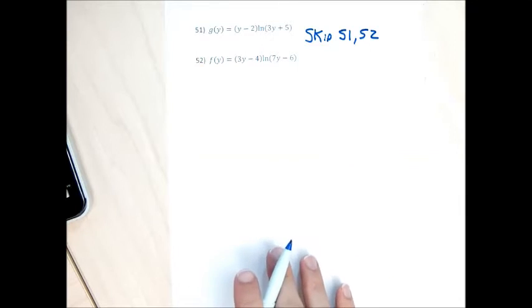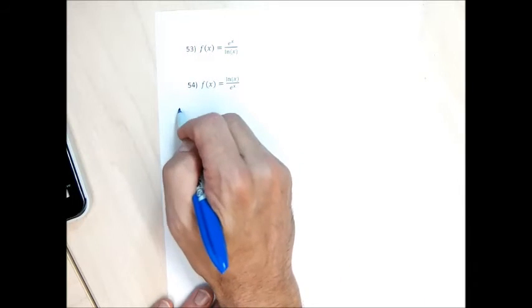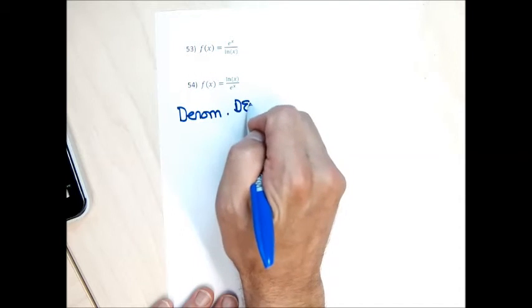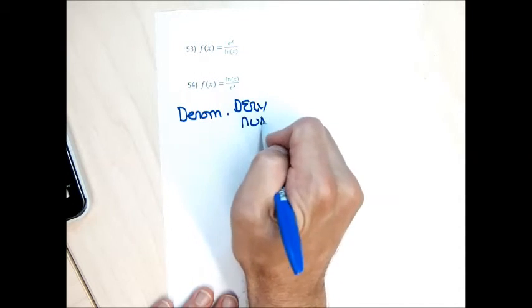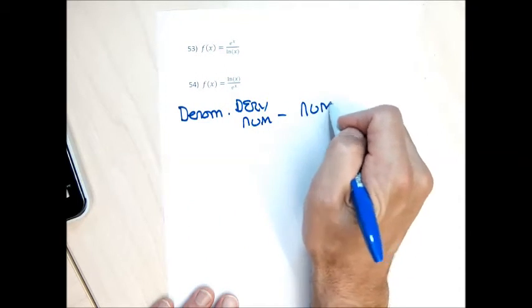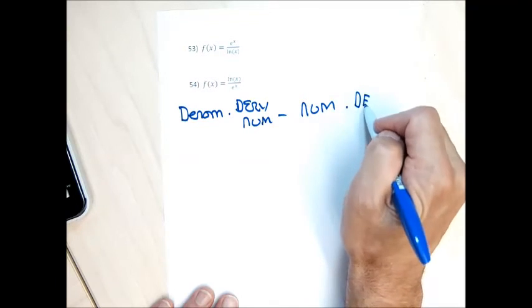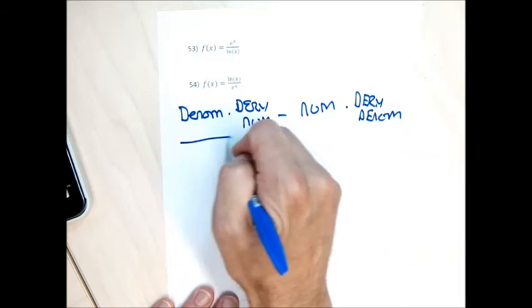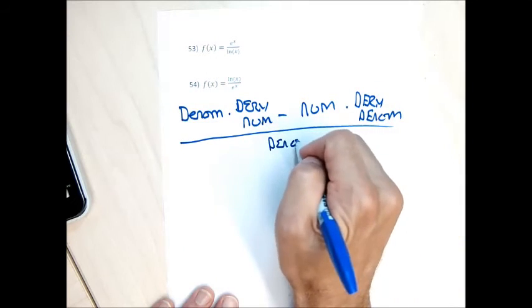Just have e's and ln's together. And that's not fun. I don't know whose is harder. I'm going to do 54. It's a division, so I need the quotient rule. The quotient rule, remember, it's the denominator times the derivative of the numerator minus the numerator times the derivative of the denominator all over the denominator squared.